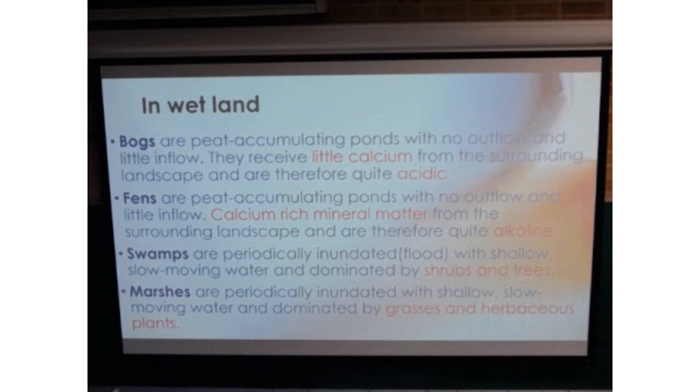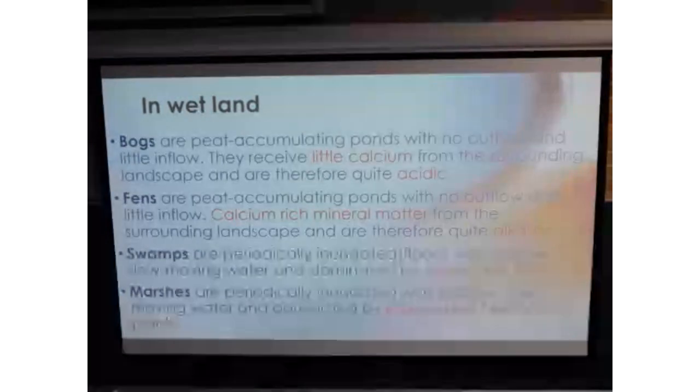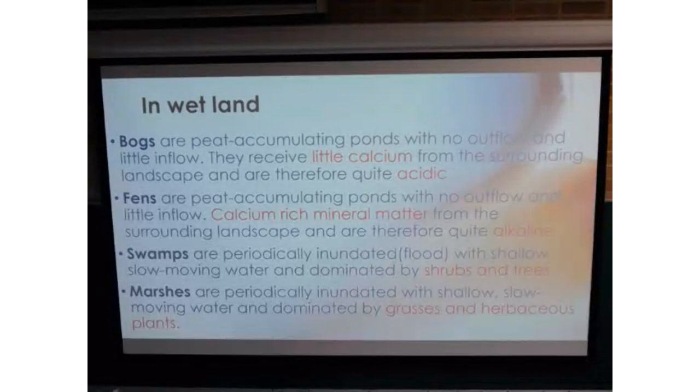And swamps are theoretically inundated with shallow and slow moving water and dominated by shrubs and trees. Marshes are theoretically inundated with shallow, slow moving water and dominated by grass and herbaceous plants.